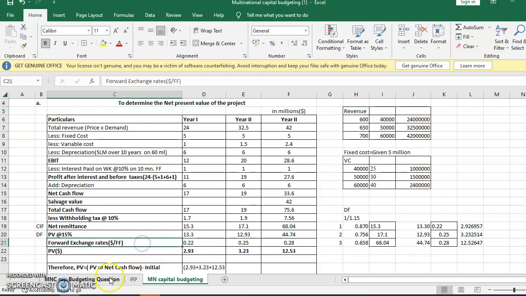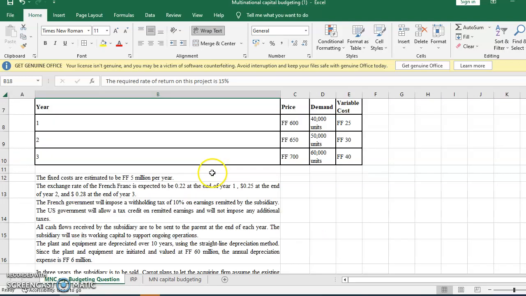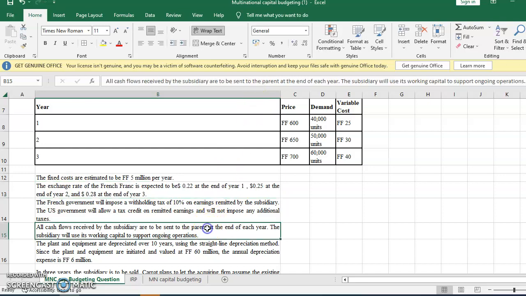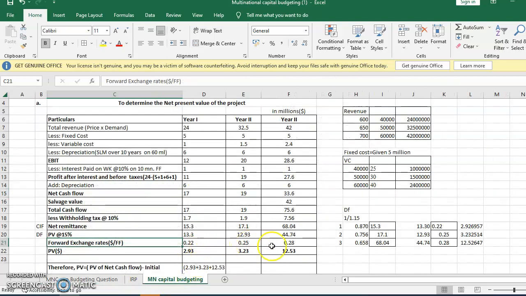And the dollar rate given to you in the question is 0.22, 0.25 and 0.28. Okay, so we have taken this, and therefore the present value, which is now in terms of dollars, is 2.93, 3.23 and 12.53.